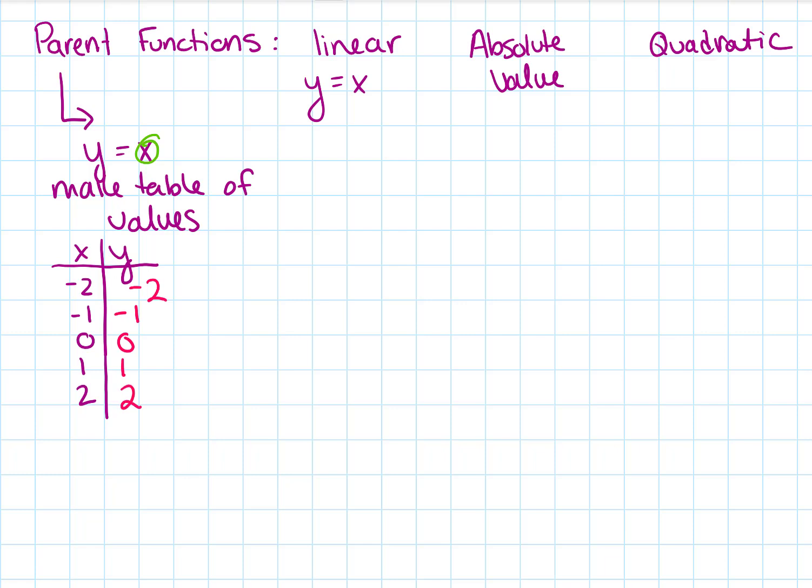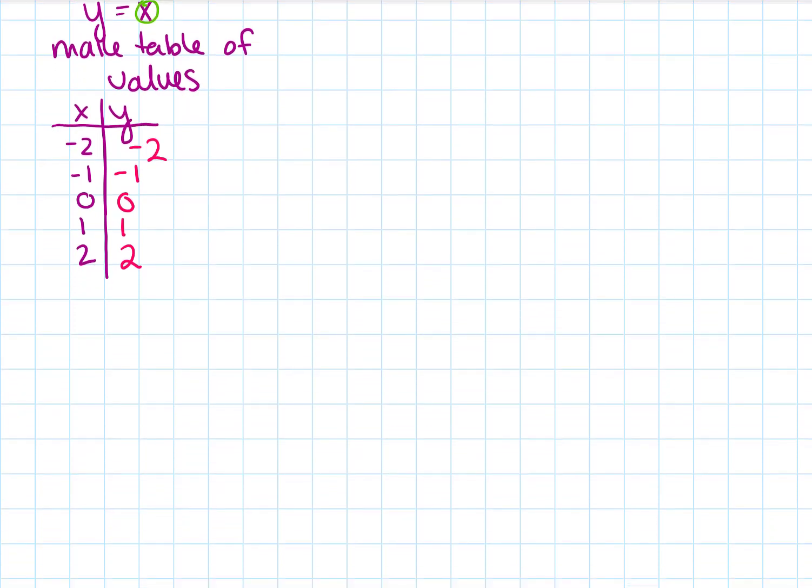So my graph, I have an xy plane. I'm going to label the axis, and I'm going to plot my points. So (-2, -2), (-1, -1), (0, 0), (1, 1), and (2, 2).